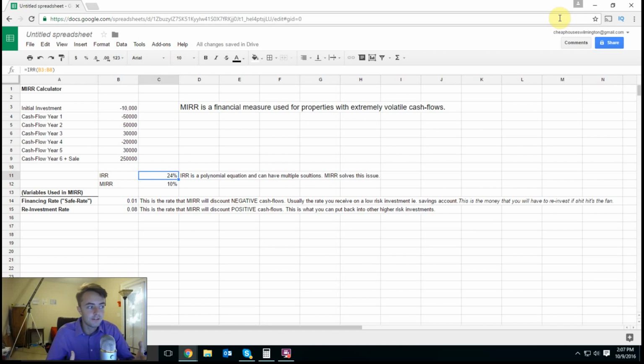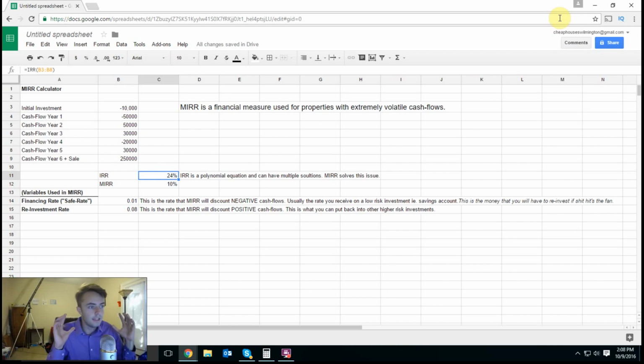Modified internal rate of return is used mostly with properties that have extremely volatile cash flows. Internal rate of return especially doesn't work right when you have really volatile cash flows, like a positive cash flow one year and then a negative cash flow the next year. That's when internal rate of return begins to screw up.